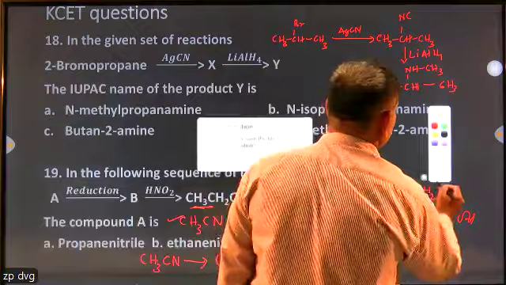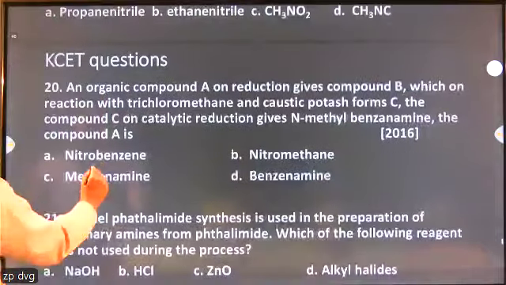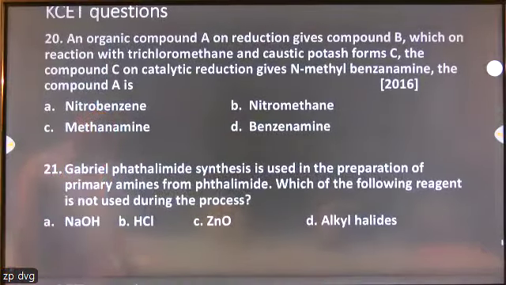Next question. An organic compound A on reduction gives compound B, which on reaction with trichloromethane and caustic potash forms C. The compound C on catalytic reduction gives N-methylbenzenamine.